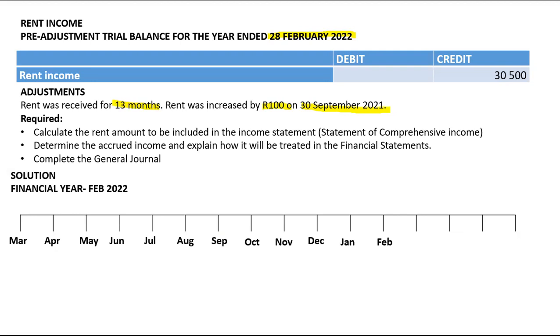So it's unfair for us to say that that is our rent income. So that rent we should actually exclude it, right? So basically, this is what we have.